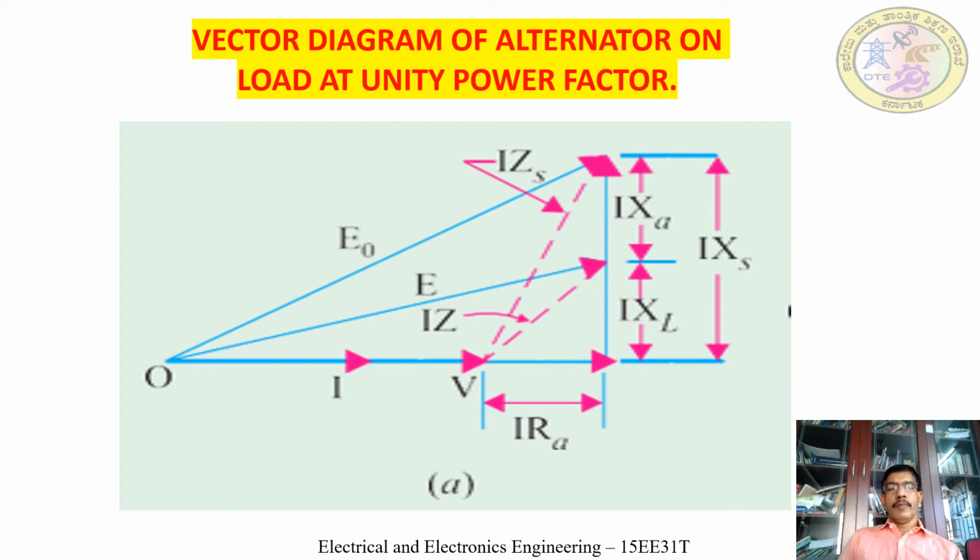Totally, the vector sum of V plus IRA plus IXL plus IXA is E naught. This is the no load induced EMF in the alternator at unity power factor. If you subtract IXA, then you will get E. This is the vector sum of V plus IRA plus IXL, E. The sum of IXA and IXL gives the IXS.